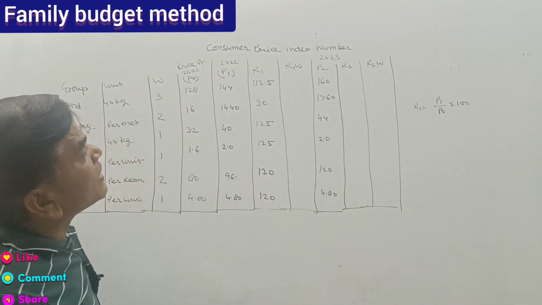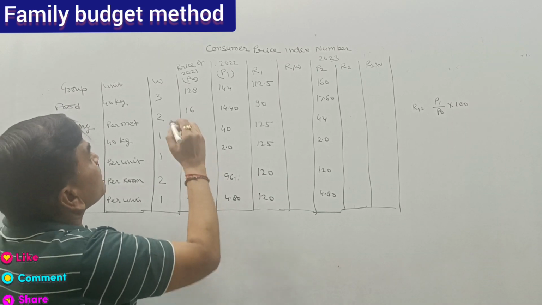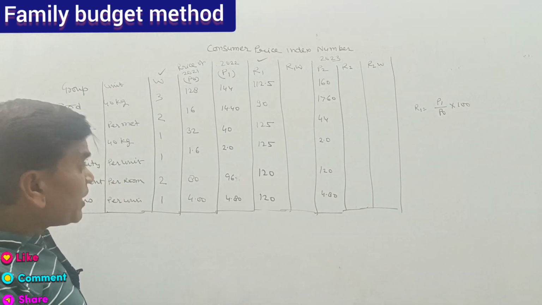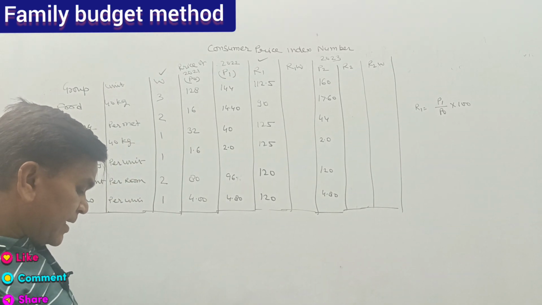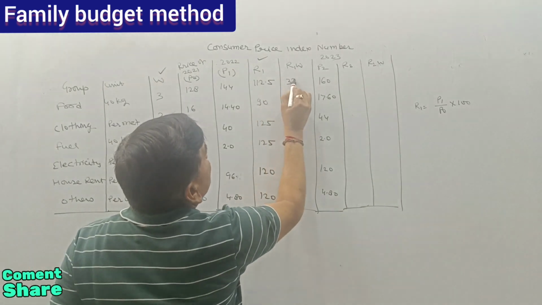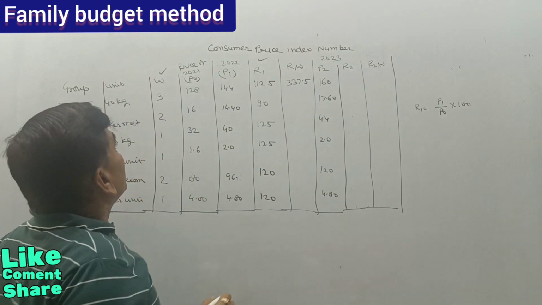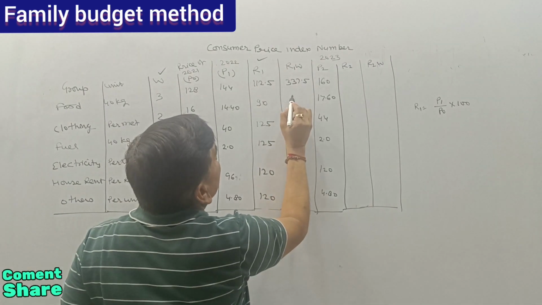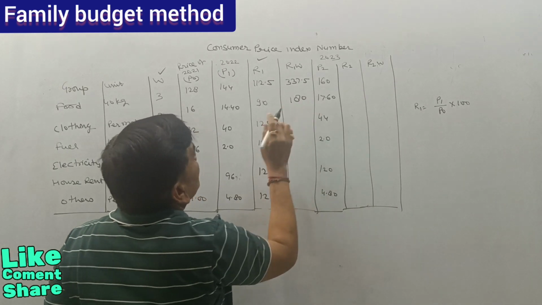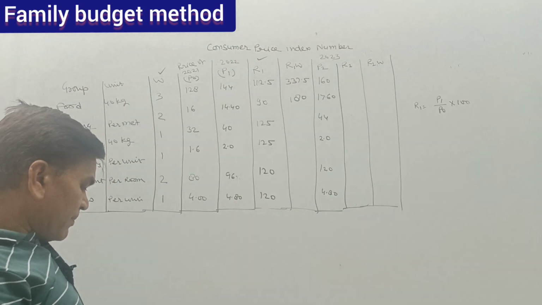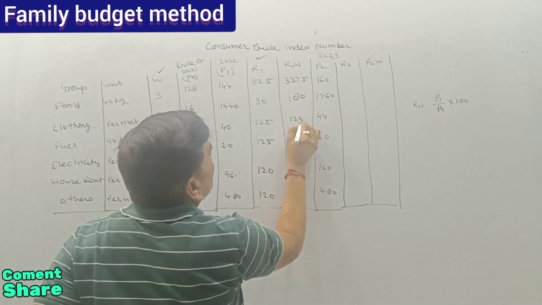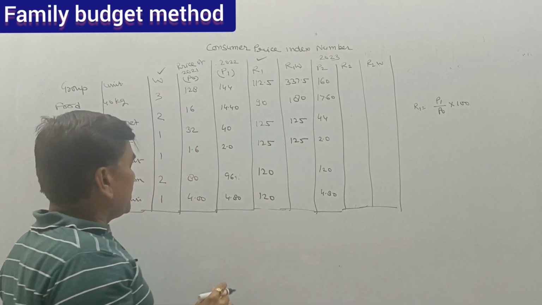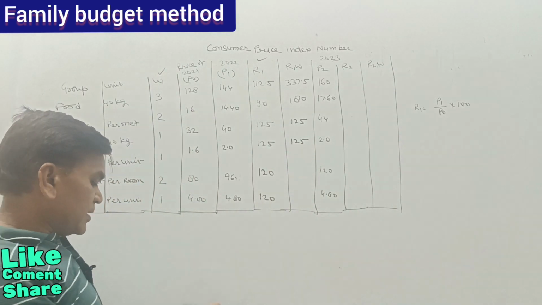So first we have calculated the value of R1. Now R1 multiplied with W. So 112.5 multiplied by 3, that is 337.5. 90 multiplied by 2, that is 180. 125 multiplied by 1, that is 125. 125 multiplied by 1, that is 125. 120 multiplied by 2, that is 240.